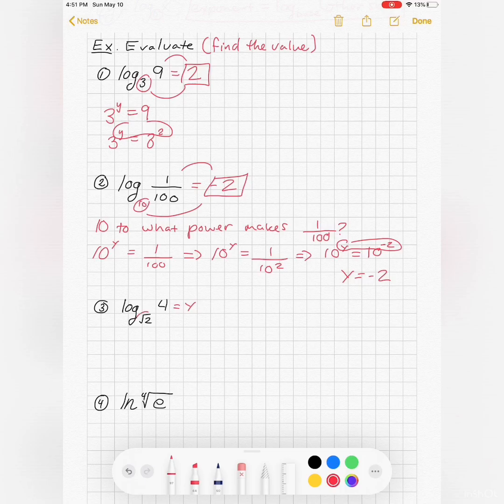Okay. Change into exponential form. So I'm going to make both sides base 2, so I have a common base. Because then I can conclude that the exponents here would have to be equal.